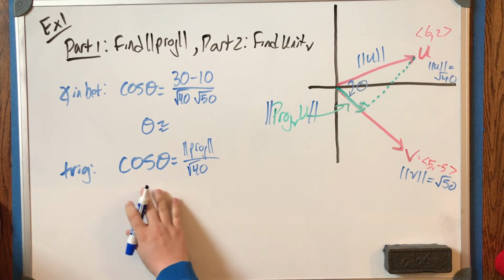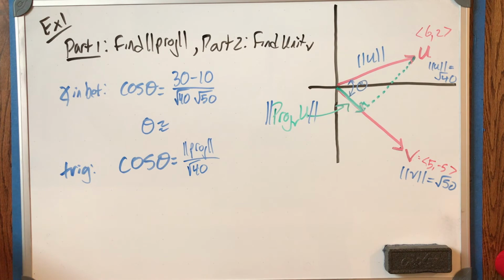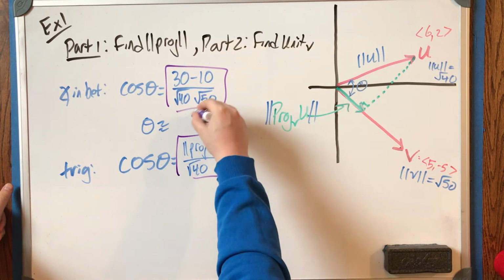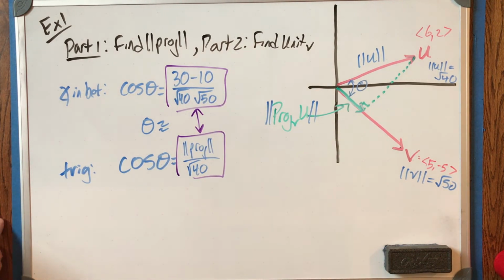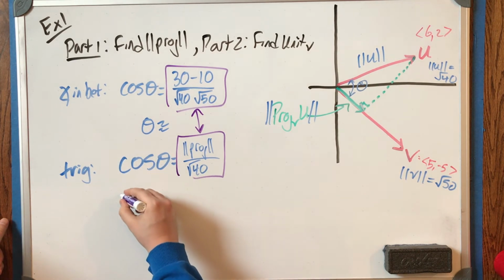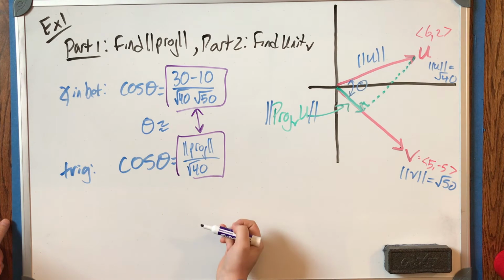And now looking at these, right here I have cosine theta equals something, and then cosine theta equals another thing. So since both of these are equal to cosine theta, I can set them equal to each other.